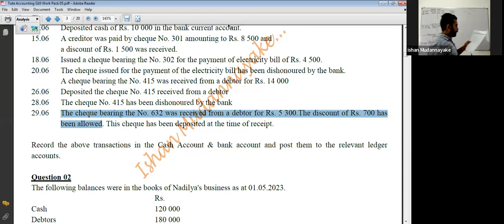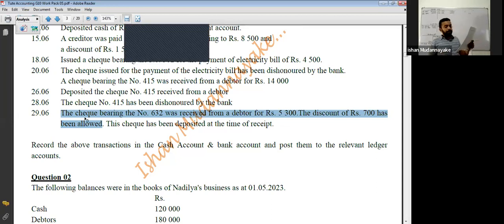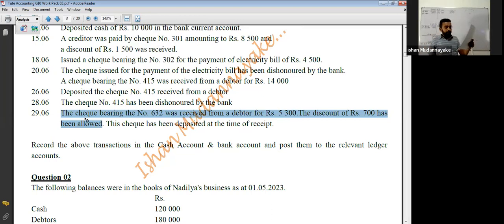Look at the 29 June transaction: the check value is 5,300, and after deducting the 700 discount, the customer paid us with a 5,300 check.